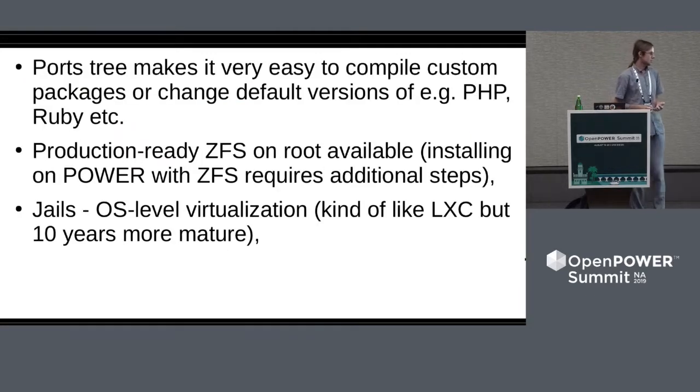So actually, why use FreeBSD? Why not just Linux? The port tree, the repository of third-party software, makes it really easy to compile custom packages with, for example, non-default options. Some things may be set off, some non-default things may be set on. We can change the default versions of software like PHP, Python.